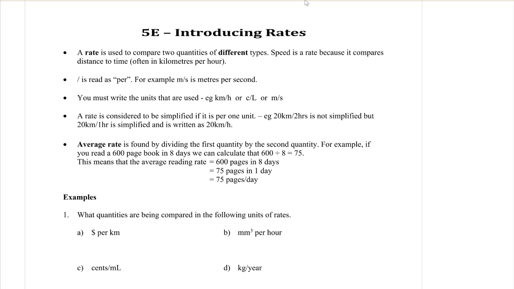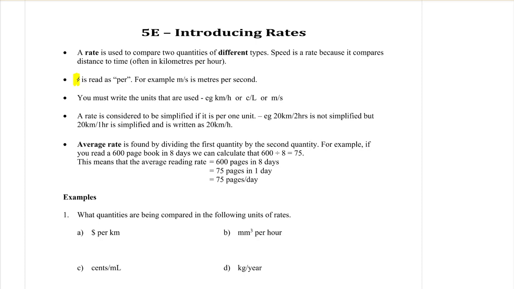So rates are completely two different types of units. You'll often see a little backslash, and that means per. So when you do the kilometres per hour or the metres per second, use that slash instead of writing the word per. You must always include units in your answer.